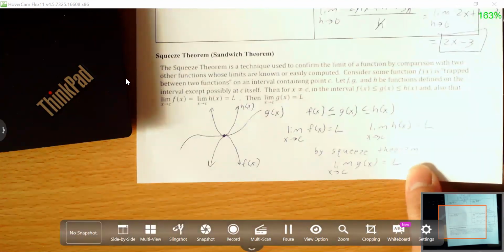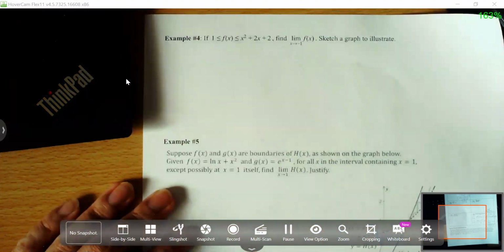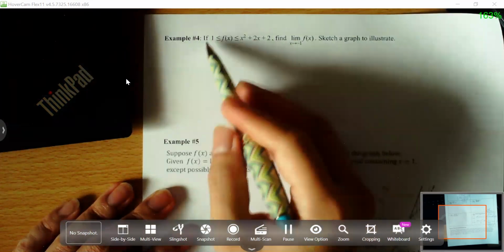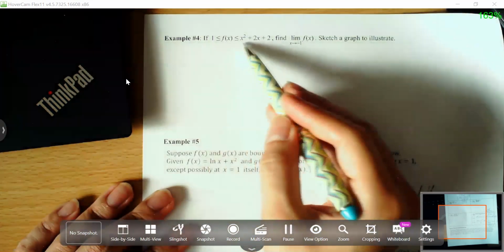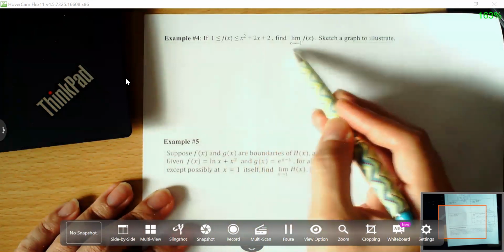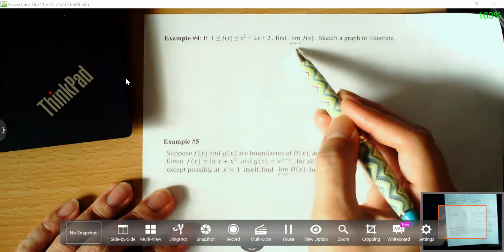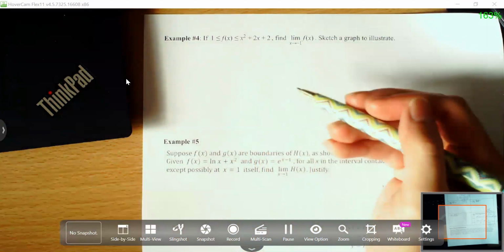So let's go to the back, and we are going to do this first problem here. Example: if 1 is less than or equal to f of x is less than or equal to x squared plus 2x plus 2, find the limit as x approaches -1.